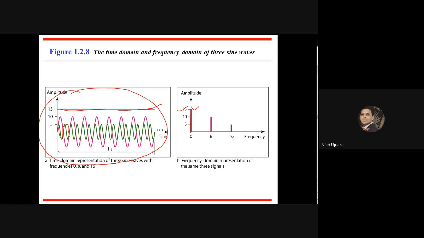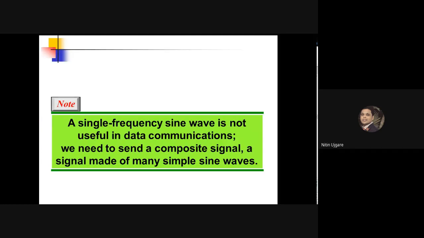The pink signal is represented with a single spike, which has 8 hertz frequency and 10 volts amplitude. And in the same way, the green signal is also represented as a single spike, which has 16 hertz frequency and 5 volt amplitude.